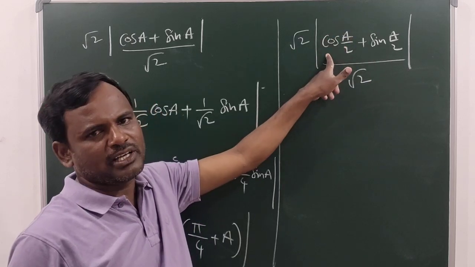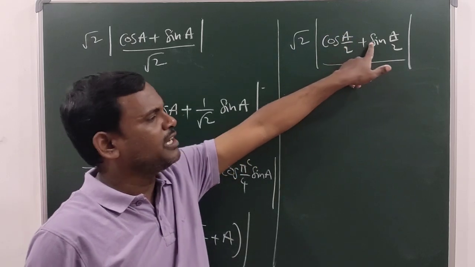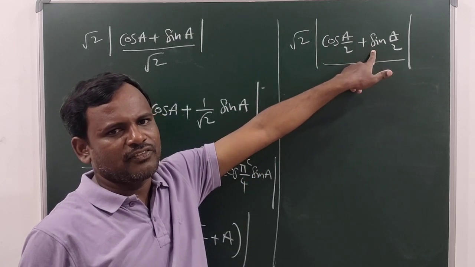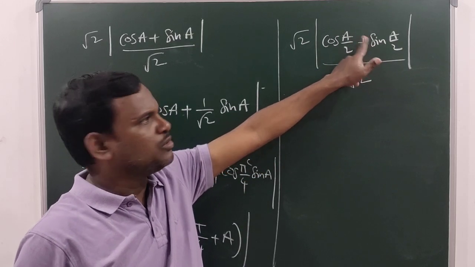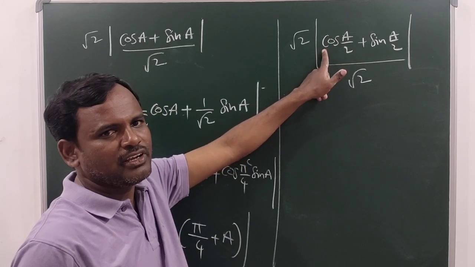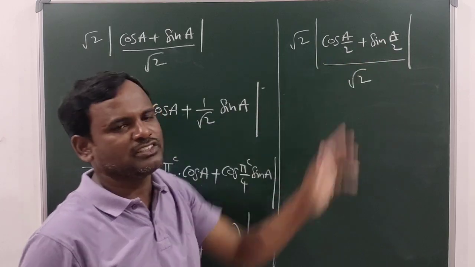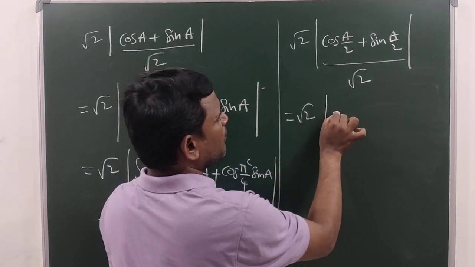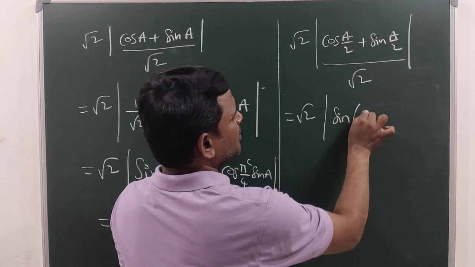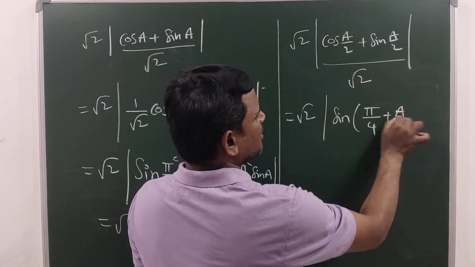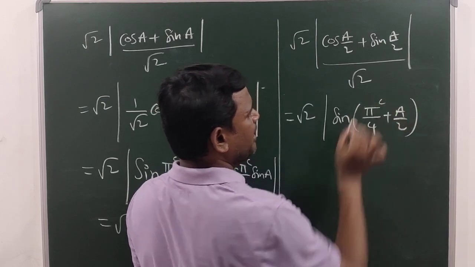Write this 1 by root 2 as sin 45 here, cos 45 here. Then on writing this one as sin 45 cos A by 2 plus cos 45 sin A by 2, it is equal to mod of sin of 45 plus A by 2, pi radians.